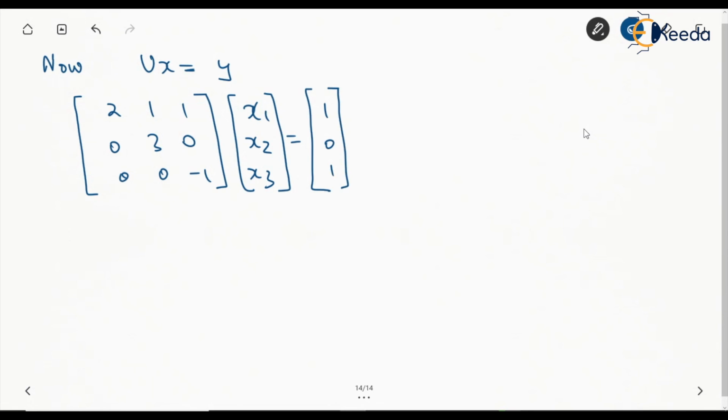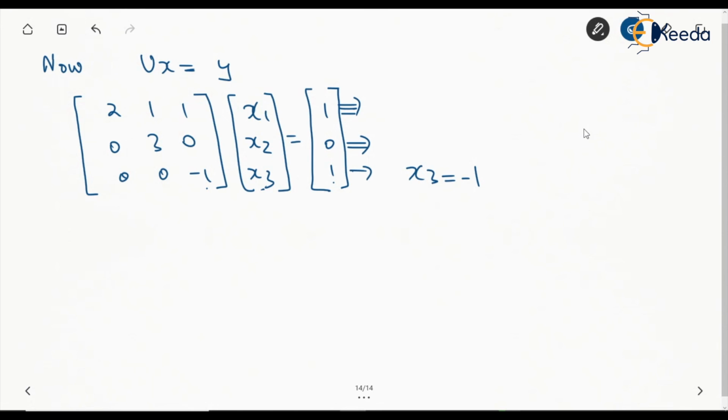So what we can do is we can start with the third equation, then move to second equation, and then move to first equation, right? So from the third equation we can directly see minus 1 times of x3 is equal to 1. So this will give x3 is equal to minus 1.